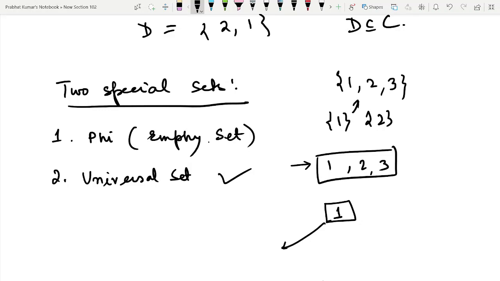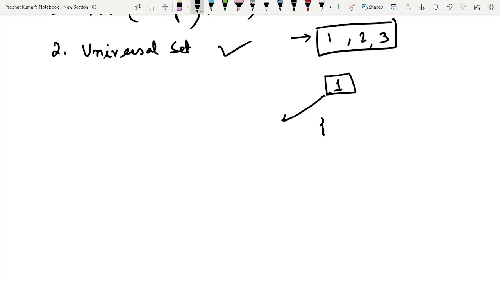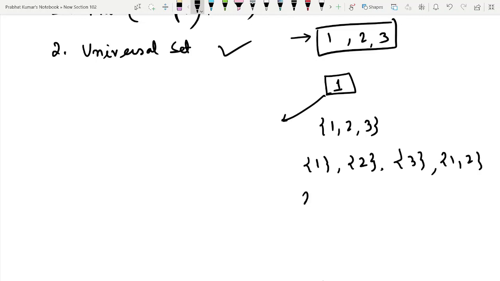If you have this set 1, 2, and 3, you can have the following subsets. 2 can be in the box, 3 may be there, 1, 2 can be there, 2, 3 can be there, 1, 3 can be there.